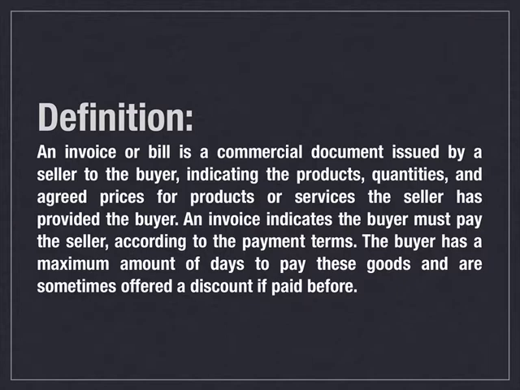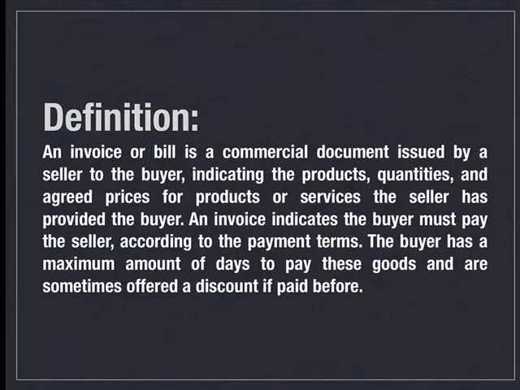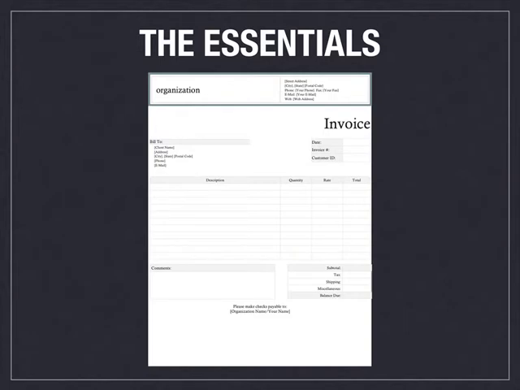So let's go ahead and take a look at what an invoice a freelance artist might provide to a client. Most invoices come on an 8.5 by 11 sheet of paper and leave a little bit of space at the bottom for additional notes.